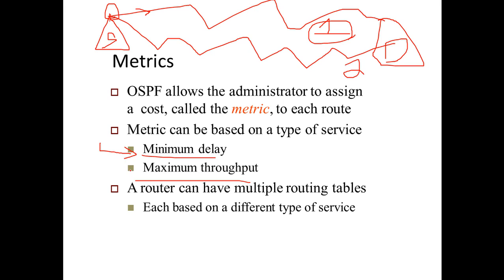The second one is maximum throughput. Let's say this path takes 1 second, but the channel is of 10 Mbps, and this channel takes 2 seconds, but the bandwidth of the channel is 100 Mbps. So you see that the throughput is increased over here.